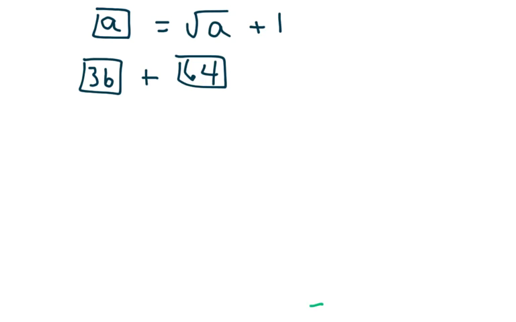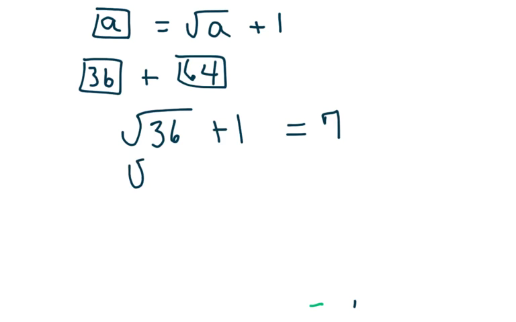And all we're going to do is use substitution. I'm going to plug in 36 here. Square root of 36 plus 1 equals 7. And I'm going to do 64. Square root of 64 plus 1 equals 9. And when you add these up, you get 16.